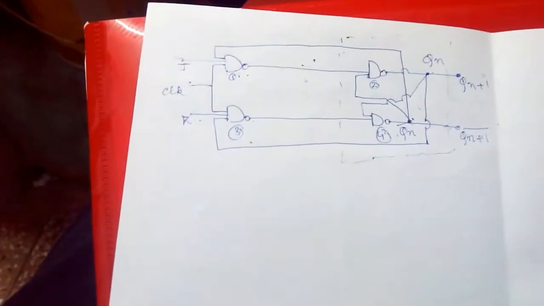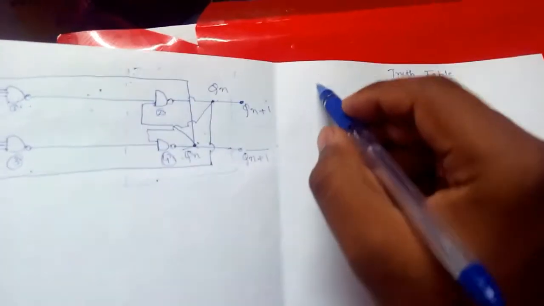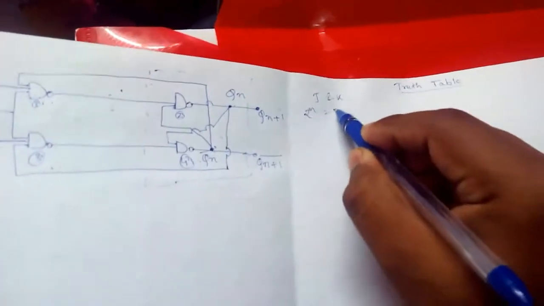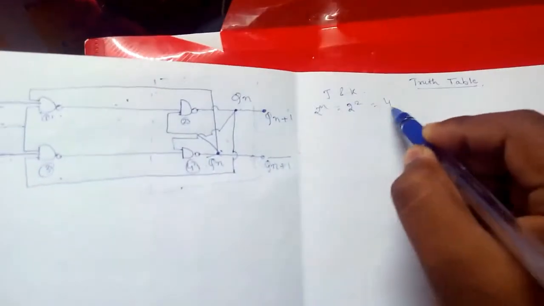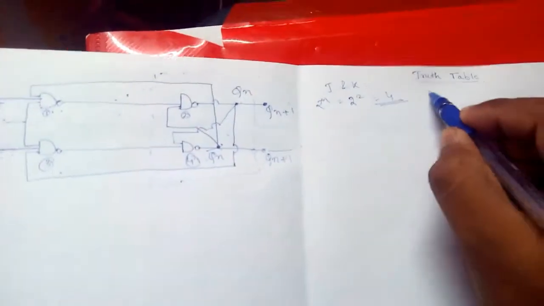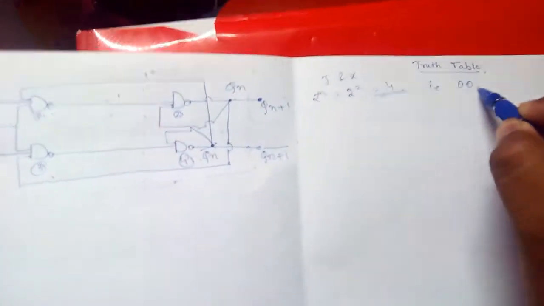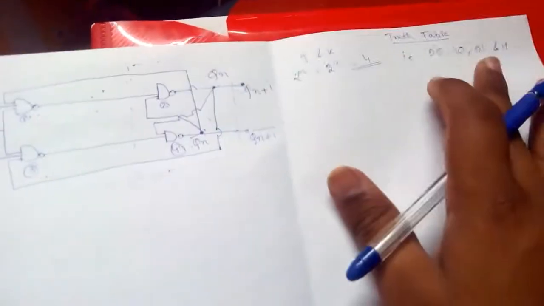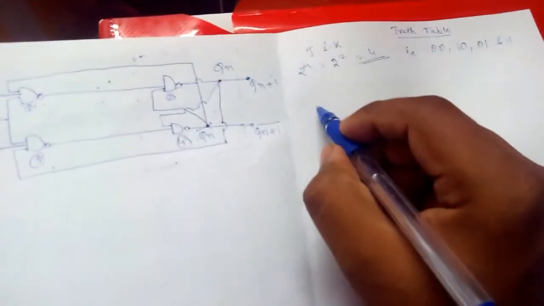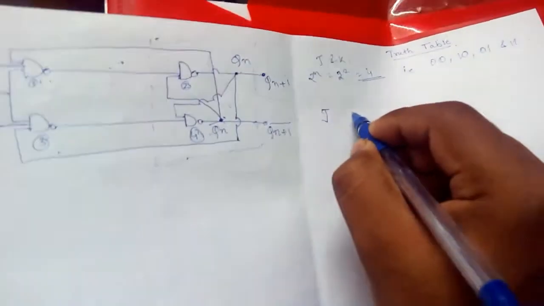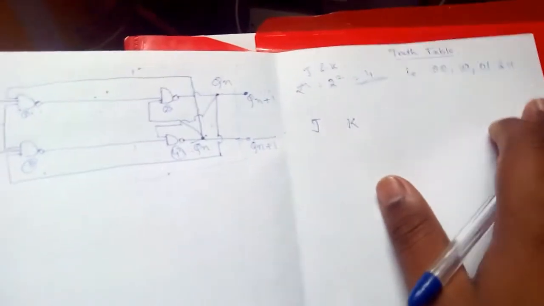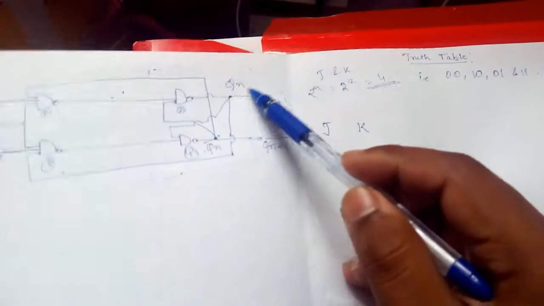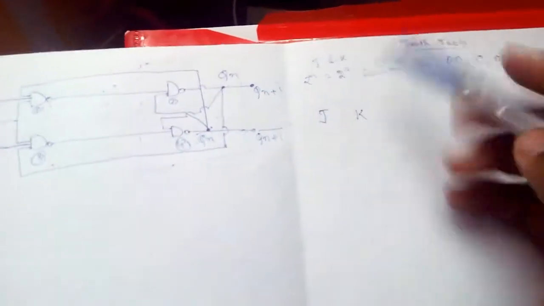Let's see how the truth table works. We are applying two inputs J and K, therefore there would be 4 outcomes, that is 0 0, 0 1, 1 0 and 1 1. Now let's make the truth table: J, K, and we have two outputs, Qn and Qn dash.